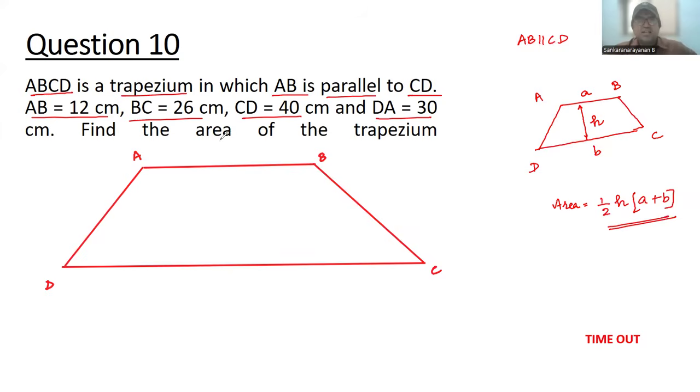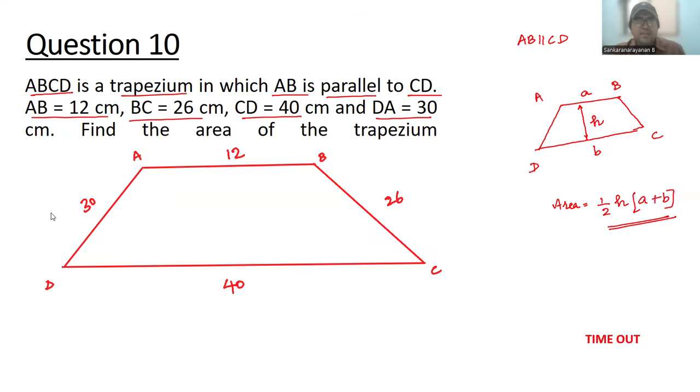It is given that AB is 12. BC is given as 26. CD is given as 40. And DA is given as 30. Okay. Now, what I am going to do here is a couple of small quick constructions.